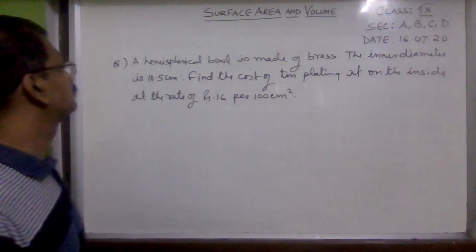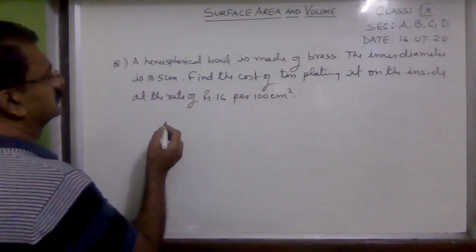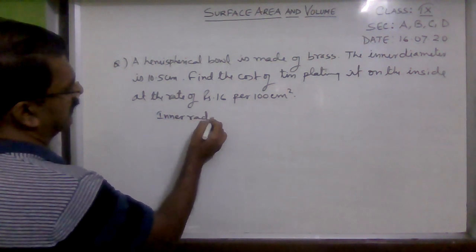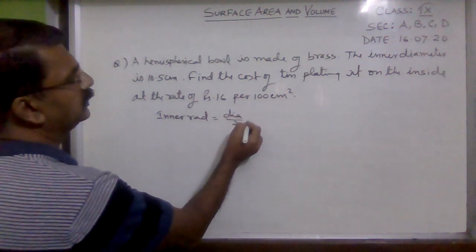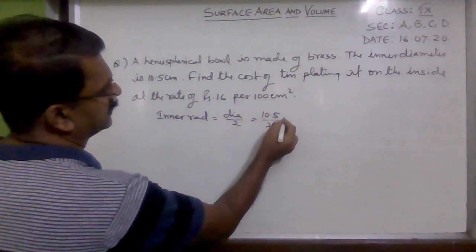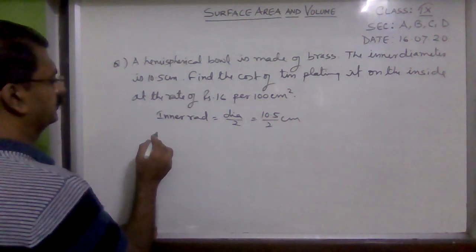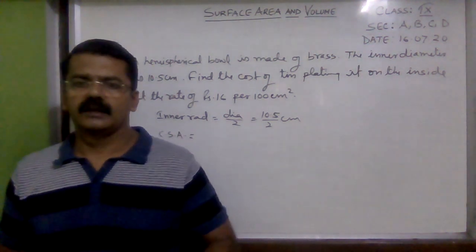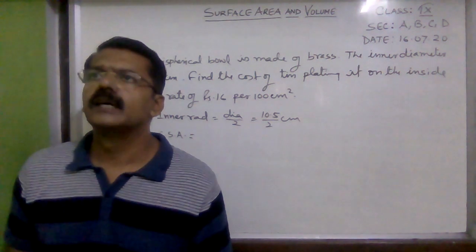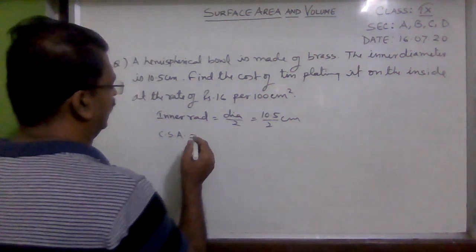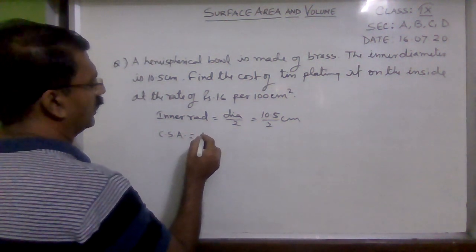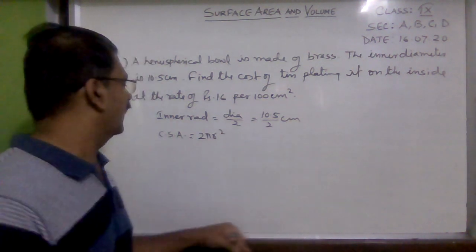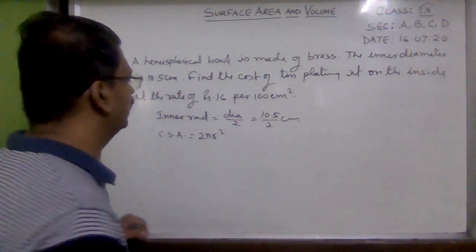Now see, inner radius will be diameter upon 2, that is 10.5 upon 2 centimeter. Now curved surface area, because obviously in a bowl the flat portion is missing, so the curved surface area will be equal to 2 pi r square, as it is hemispherical, and the curved surface area of a hemisphere is 2 pi r square.